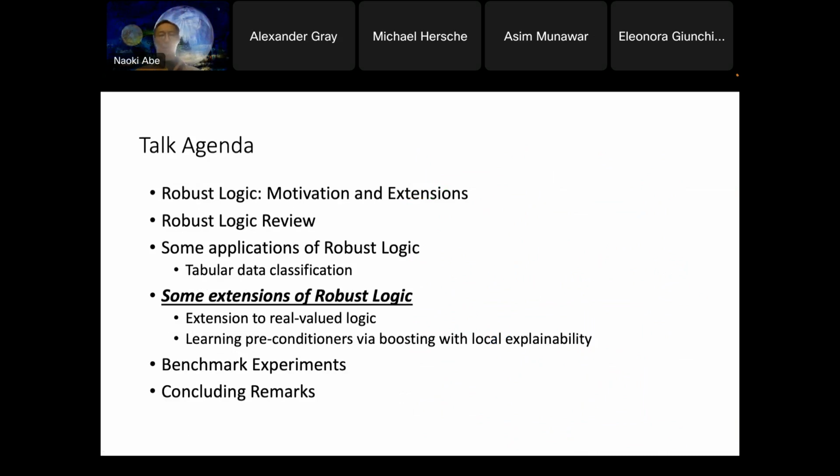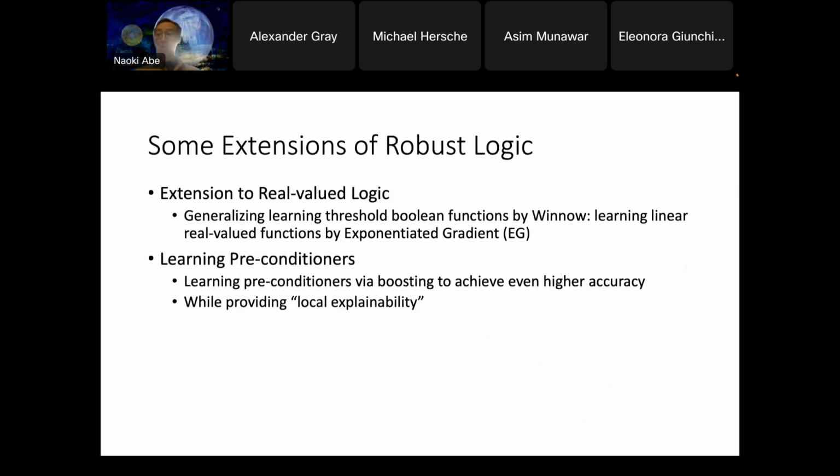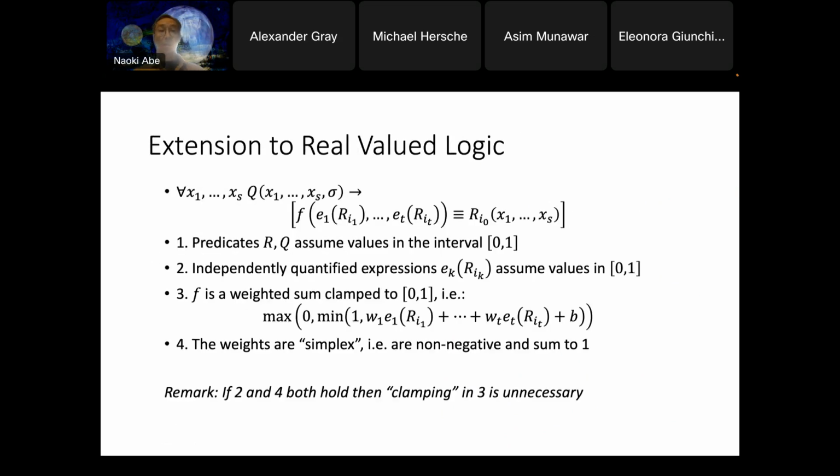I'd like to go into some extensions of robust logic that we've been working on. One is extension to real-valued logic, and the other is the extension to include the learning of preconditionals, the predicates that we looked at, that divide the world into a finite number of subsets.